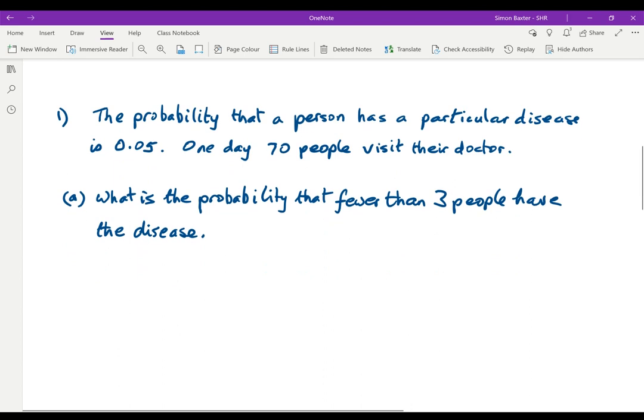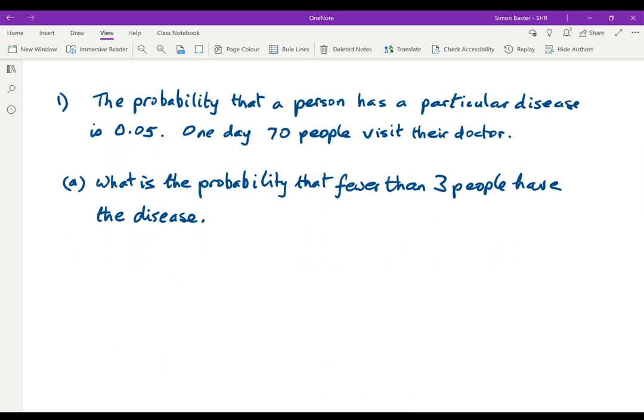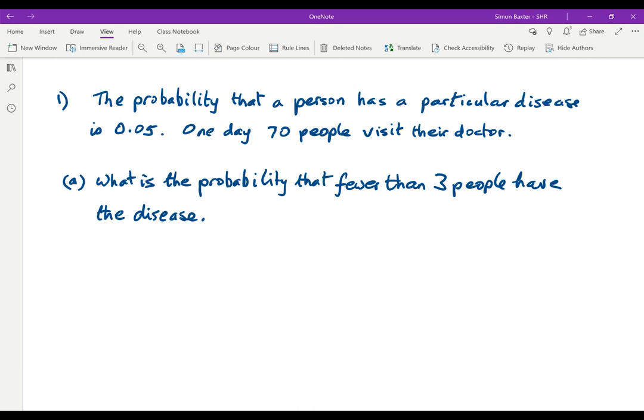First, let's suppose that the probability that a person has a particular disease is 0.05. One day, 70 people visit their doctor. What is the probability that fewer than 3 have the disease? Well, let's suppose that x is the number of people with the disease.